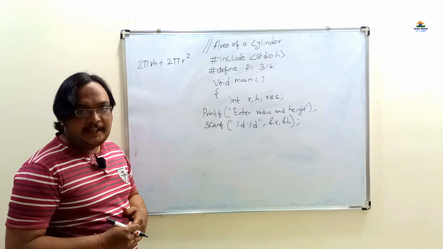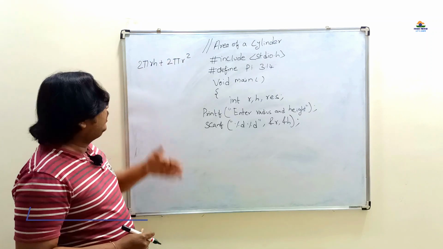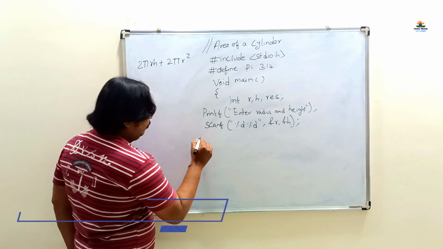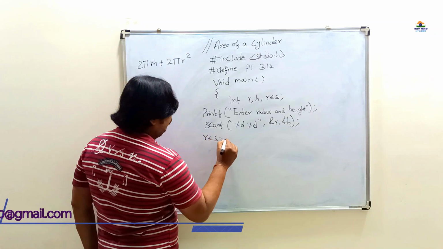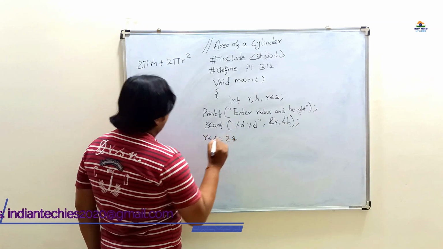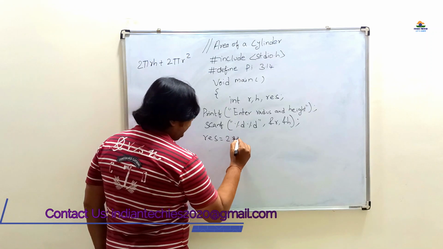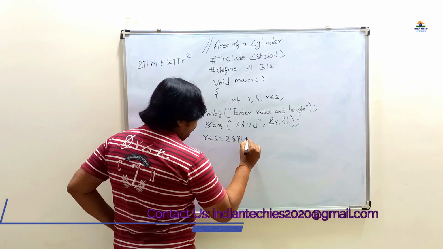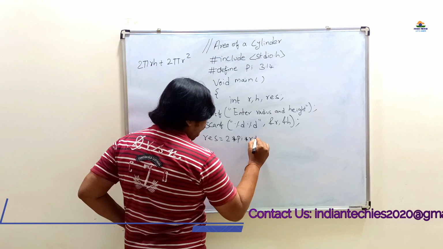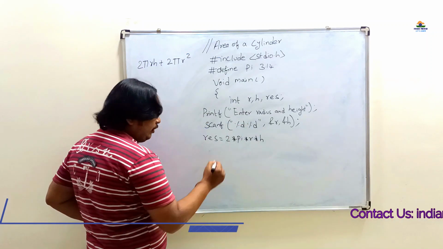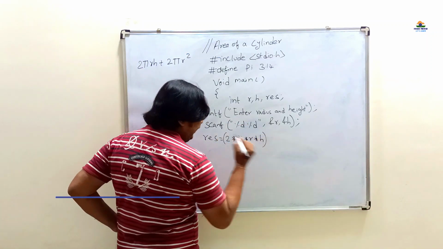So you have taken the input and you have the pi value, then apply the formula. RES is equal to 2 into pi into r into h. This total is one value, so keep it in a bracket.